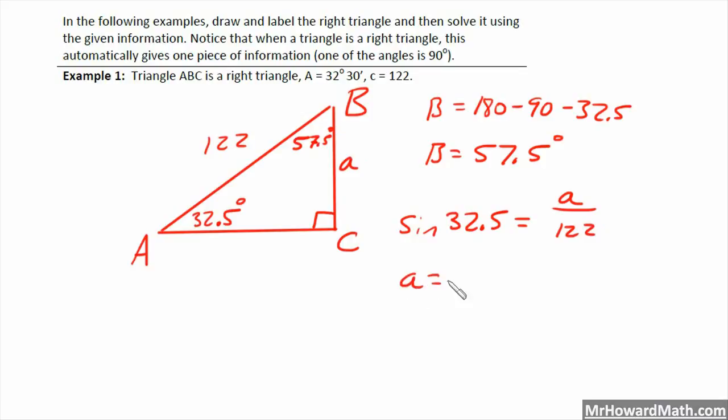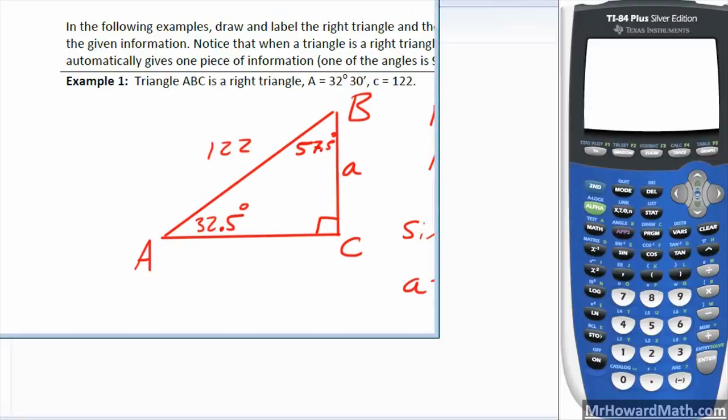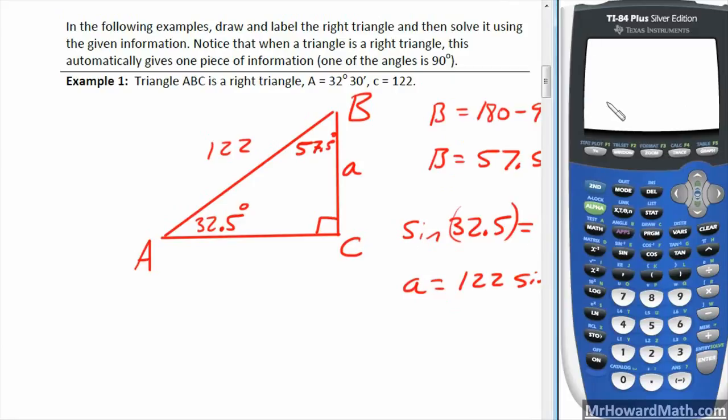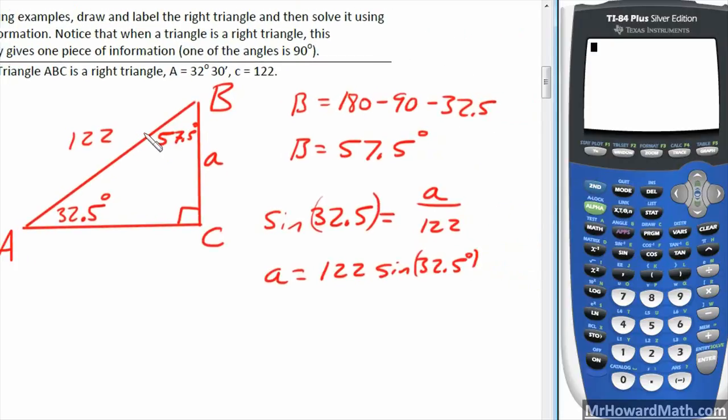So side a is equal to 122 times sine of 32.5 degrees. I should put that in parentheses there. So let's bring up our calculator here, and I'm going to pan this over a little bit so we can see our work here.